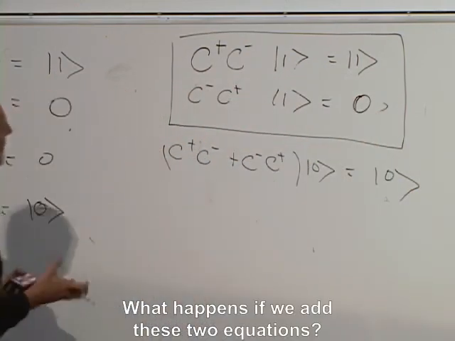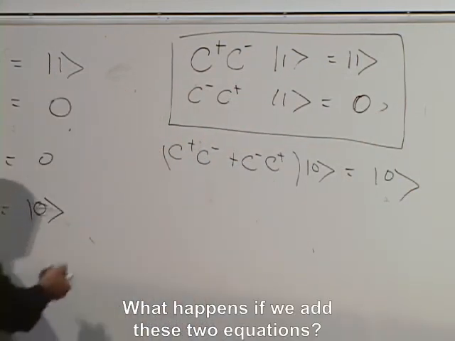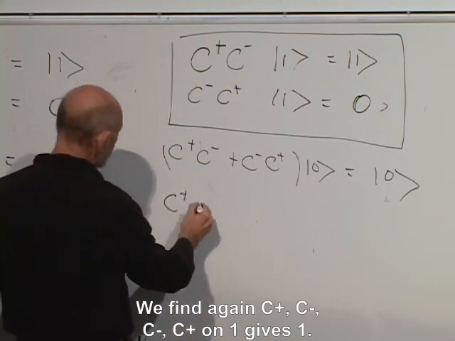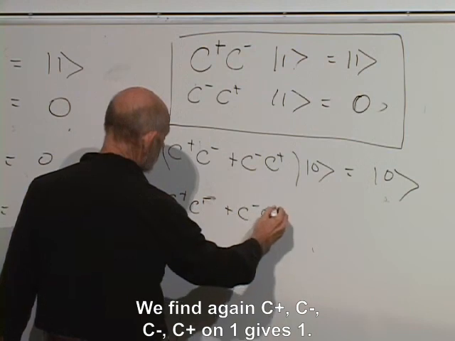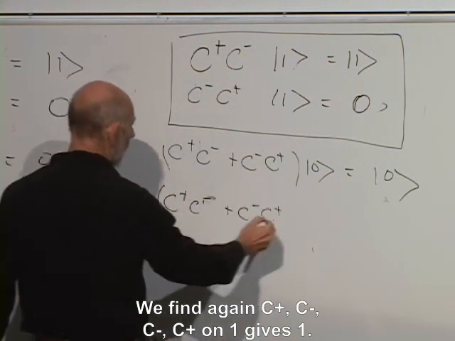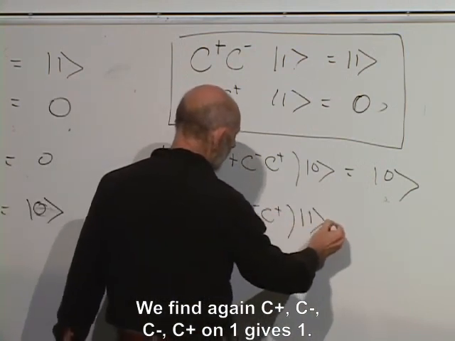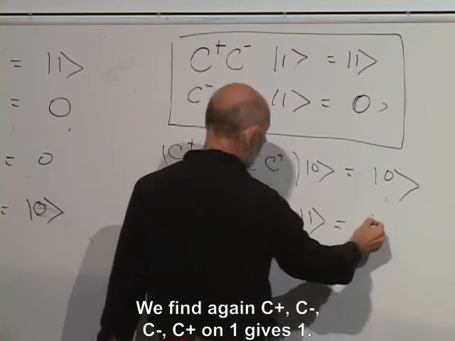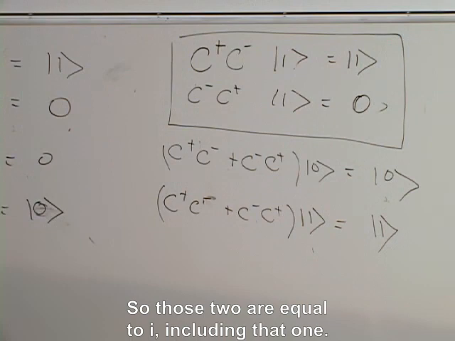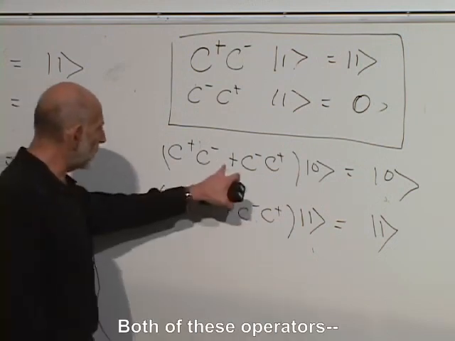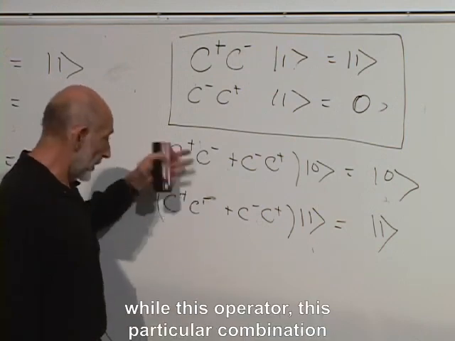What happens if we add these two equations? We find again C plus C minus plus C minus C plus on 1 gives 1. So the two are equal to 1.